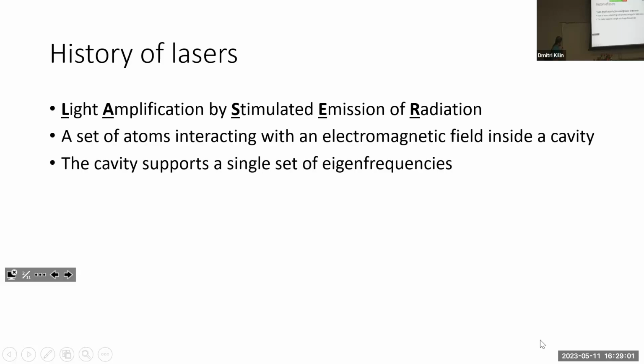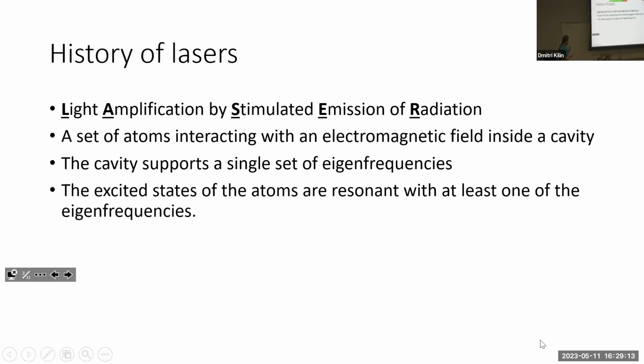So we have a set of atoms that are interacting with an electromagnetic field inside of some cavity, which I know we've already seen. The cavity is sized such that it supports a single set of eigenfrequencies. The excited state of the atoms are resonant with at least one of those eigenfrequencies.